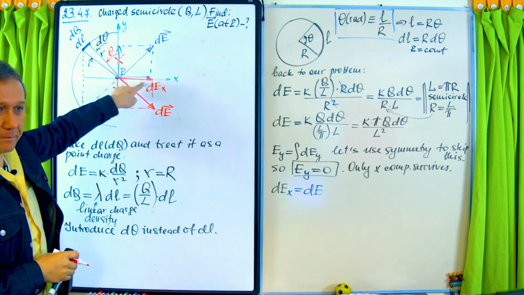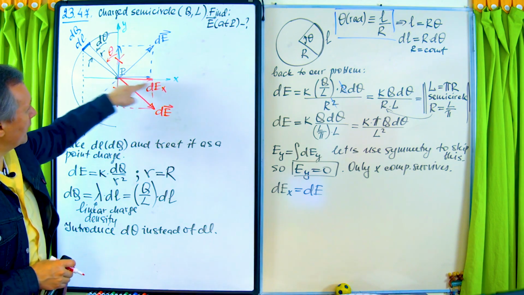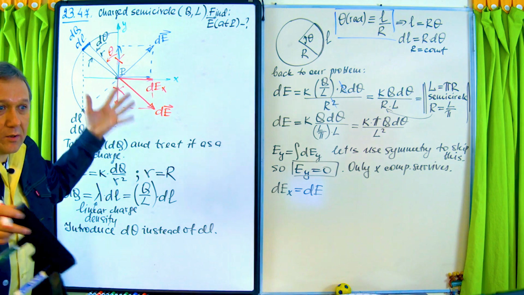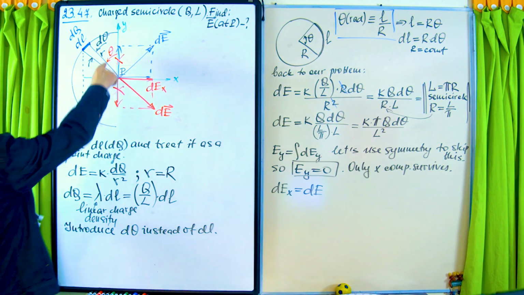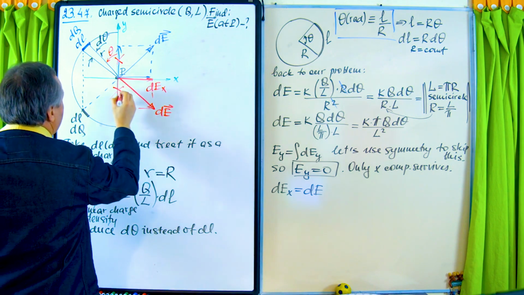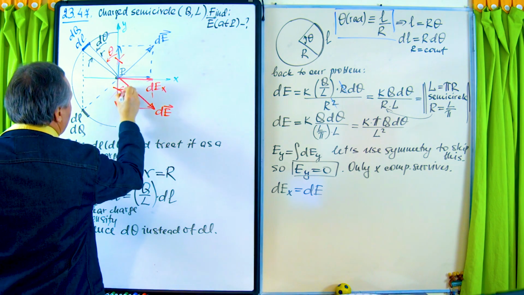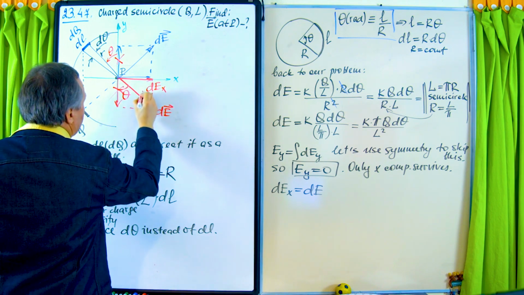You see this one, right? So this is our dE. And now we need to find this horizontal component. We introduced this angle theta. Exactly the same theta angle is over here, right? So it's this theta, you see, and here theta.